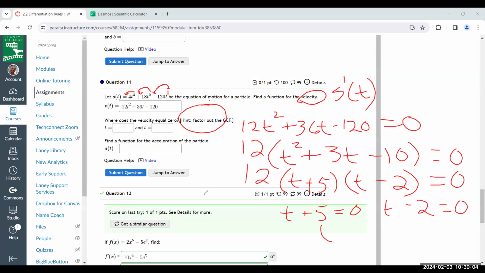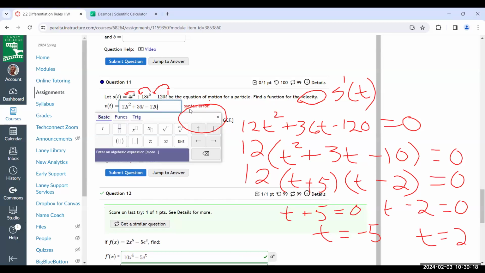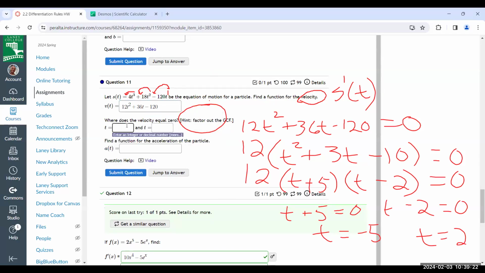So I end up subtracting 5 here. So I get t equals -5 and then adding 2 here to get t by itself. And so I get t equals -5 and t equals 2.